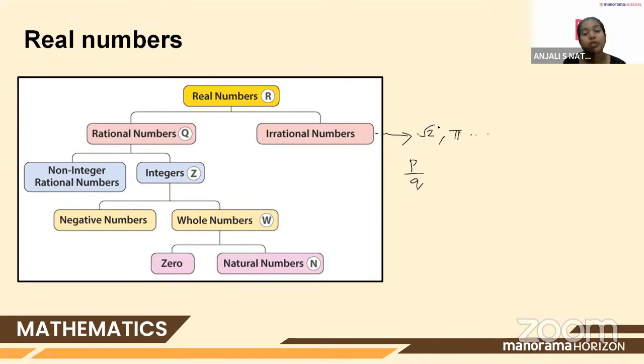And the numbers which can't be represented in p by q form or as a fraction are irrational numbers. Okay, clear? Are there any numbers which can't be represented on a number line? Yes, you will study it in your 11th standard. They are imaginary numbers.